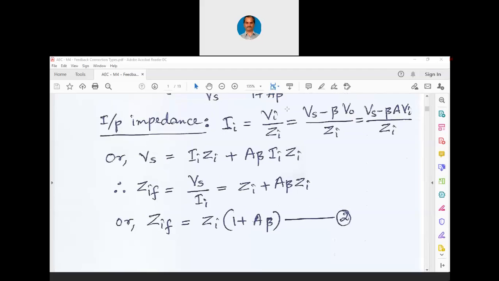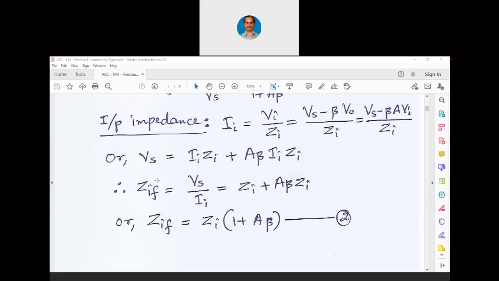Now, coming to the input impedance, Ii is equal to Vi by Zi, where Zi is the open loop input impedance, that is the impedance of the amplifier. Now, Vi is Vs minus beta into Vo, right? Because Vi is nothing but Vs minus Vf. Vf is beta into Vo. Now, Vo is again A into Vi. So, it is Vs minus beta into A into Vi. We can rearrange this equation as Vs is equal to Ii into Zi plus A into beta into Ii into Zi.